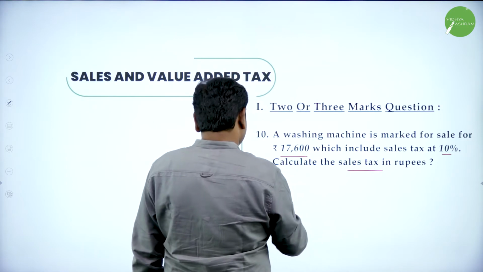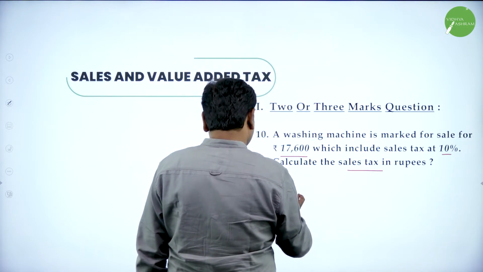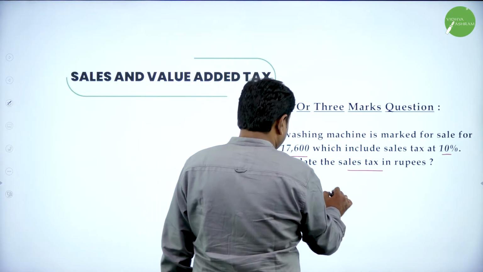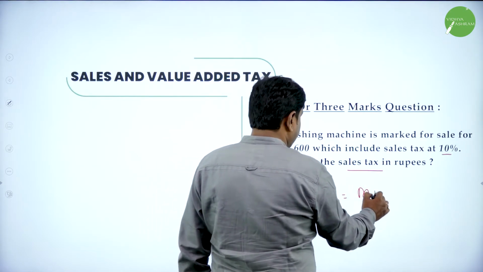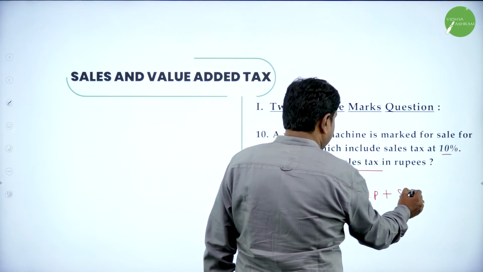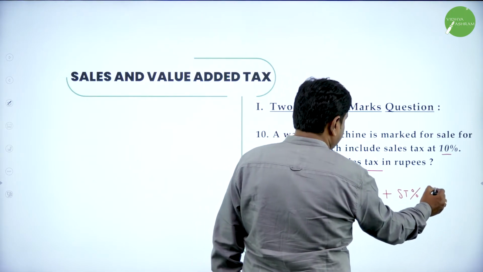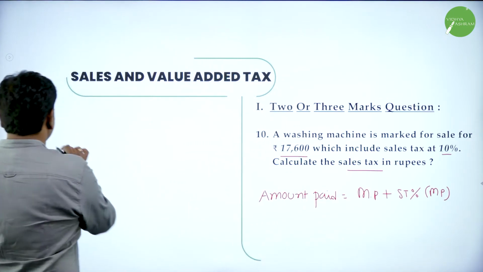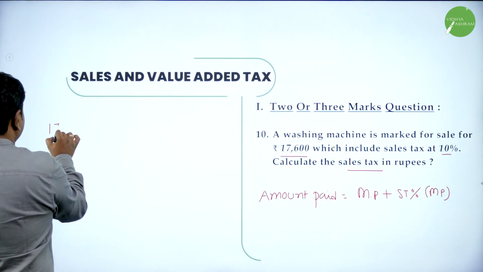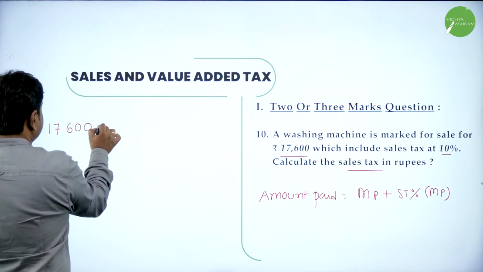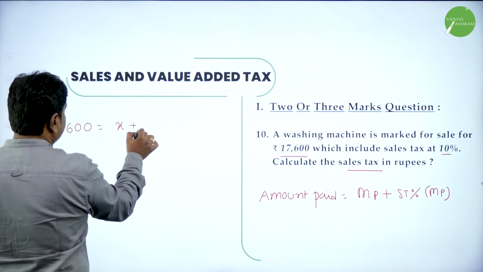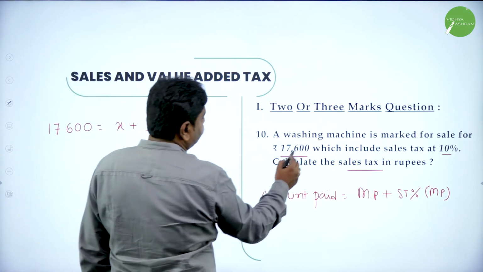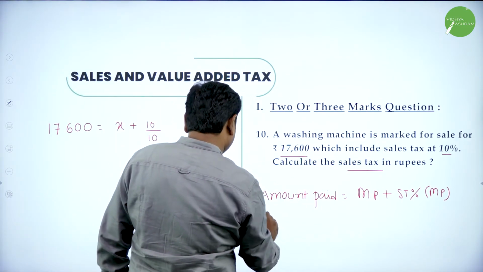Now dear students, you know the amount paid is equal to, what is the formula? Amount paid is market price plus sale tax percent of market price. So the amount paid we know is 17,600, the market price we don't know, and the sale tax percent is 10%.